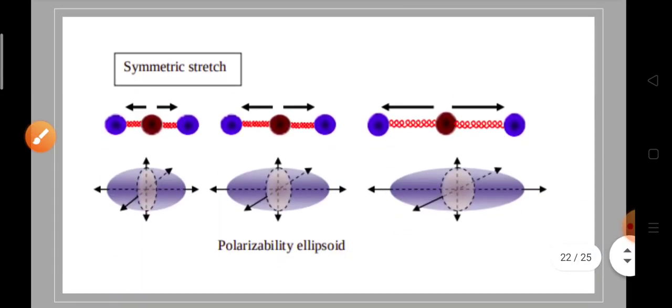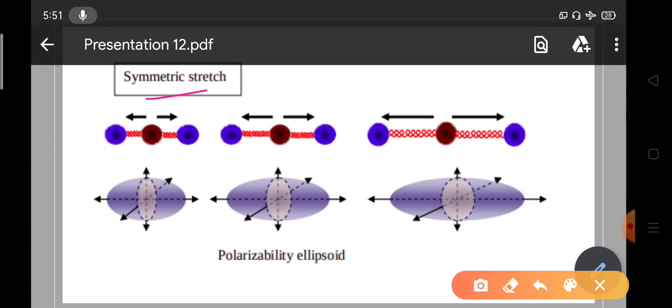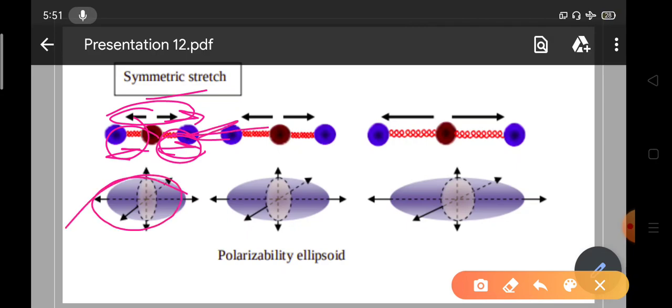Now let us consider the symmetric stretch first. Here the stretching will be along this side for this C and O, and along this side for the other C and O. And look here, it is the ellipsoid, the charge configuration of the CO2 molecule.